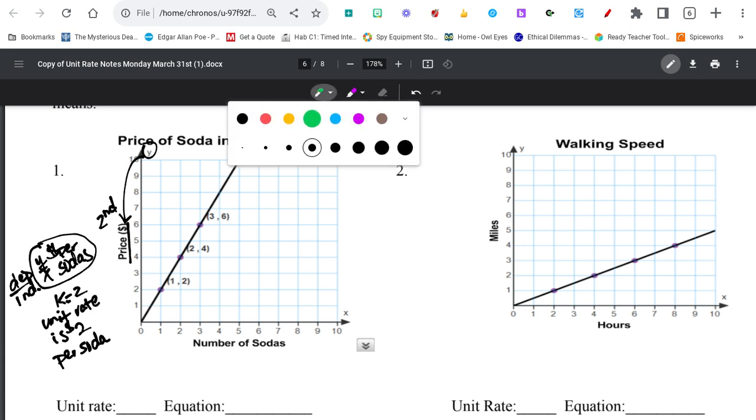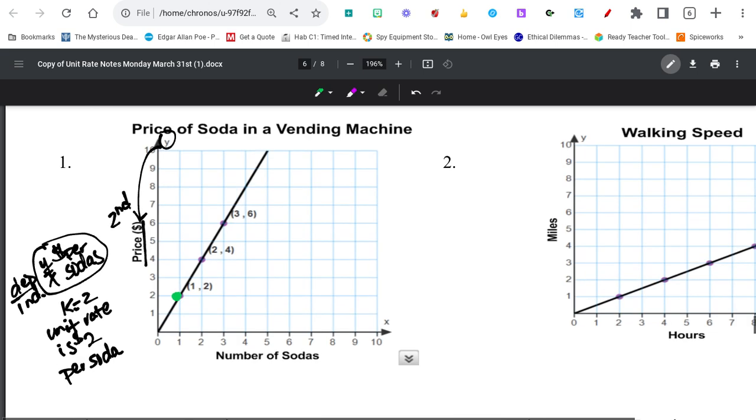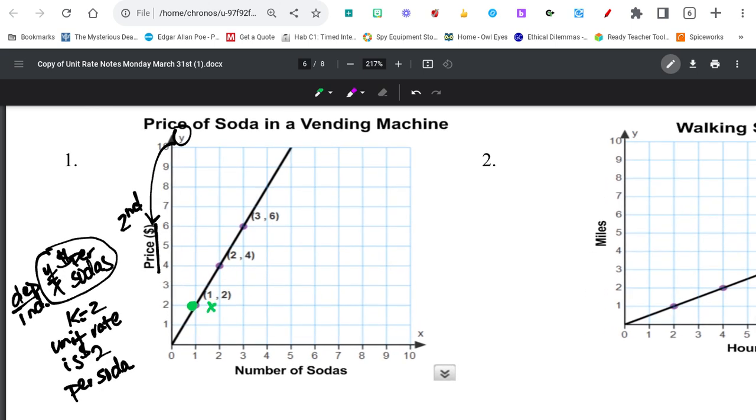I'm going to do it in green. Every ordered pair consists of an x coordinate and then the y. But when you get ready to find the unit rate, all you do is divide your y coordinate by your x coordinate, your dependent by your independent. So the y coordinate is 2, and the x coordinate is 1. So 2 divided by 1 is 2. So that will also give you $2 per soda.